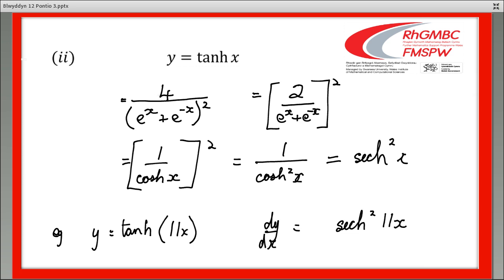But the other thing we do is we go inside the bracket and we differentiate 11x and we get 11.